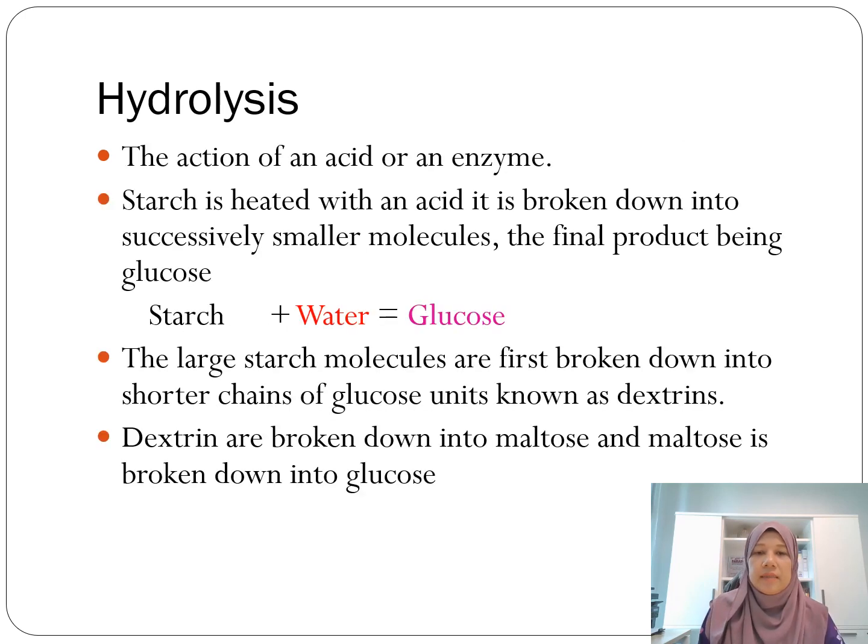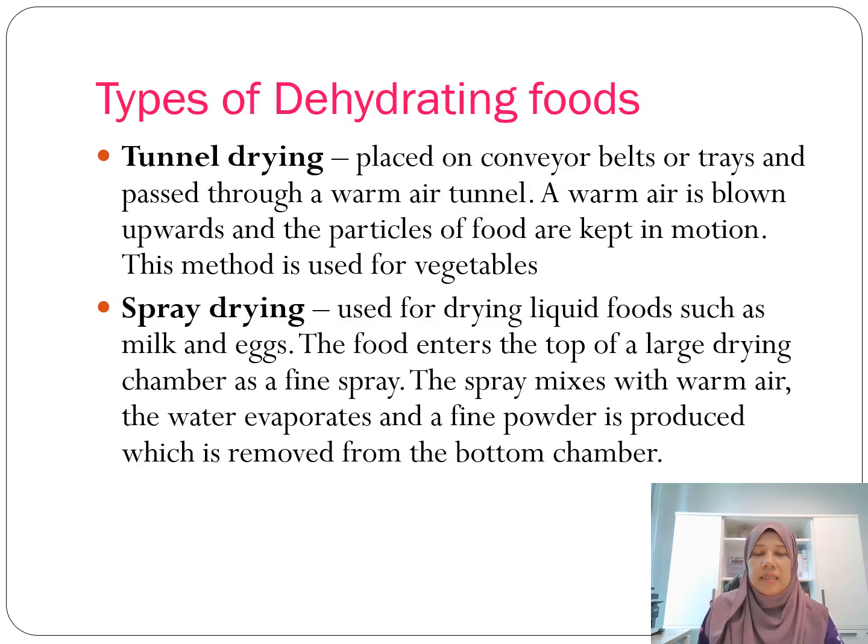These are the types of dehydrating foods. First, tunnel drying. Hopefully you can watch the video on tunnel drying, how they use it to dehydrate foods. For tunnel drying, they use conveyor belts or trays and a warm air tunnel.